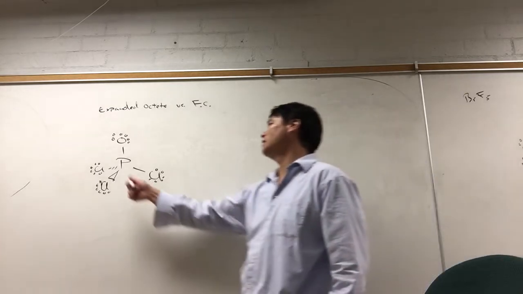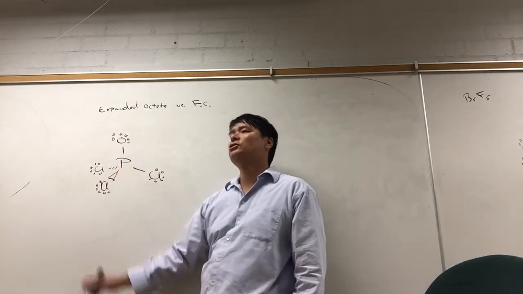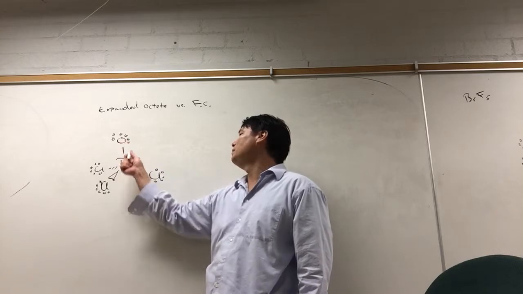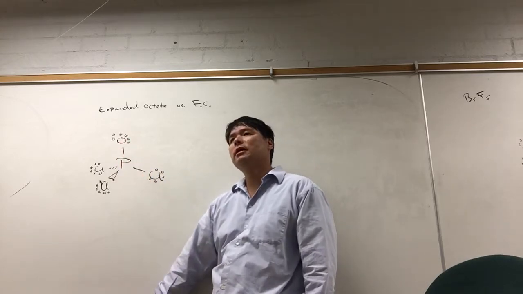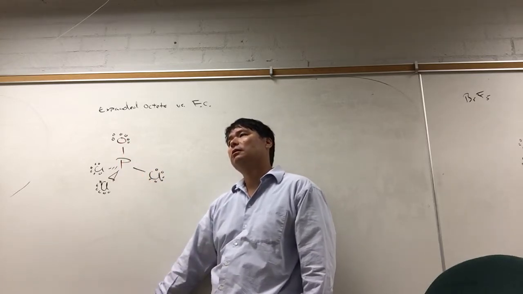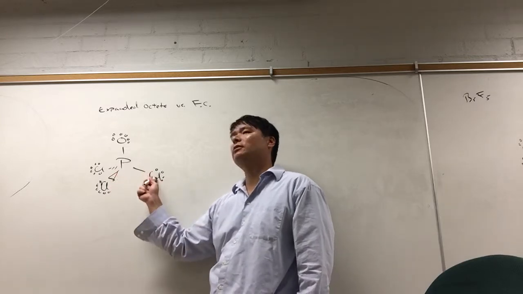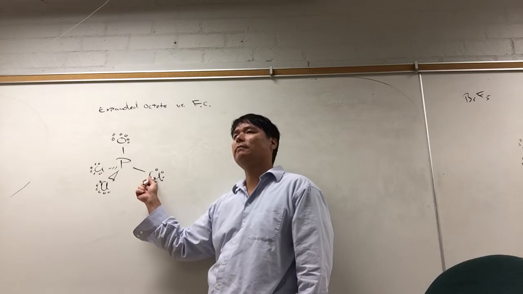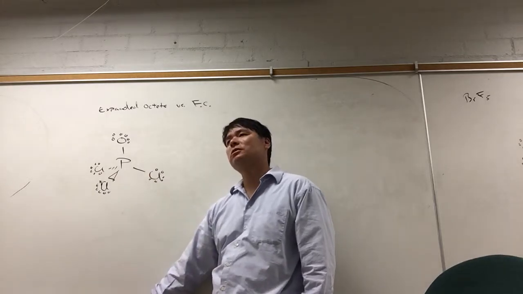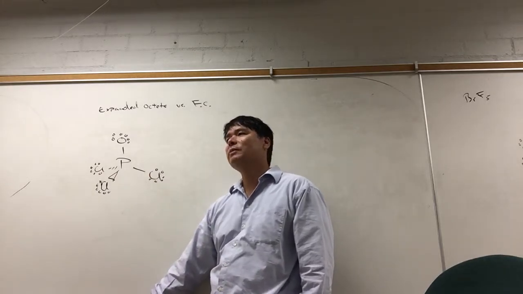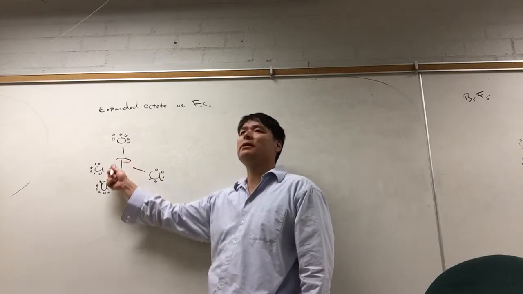We got 4 single bonds. Tetrahedral. How about the OPCl angle? What's the OPCl angle? 109. What's the ClPCl angle? 109. Do you expect much distortion? We don't expect much distortion because these are all single bonds.